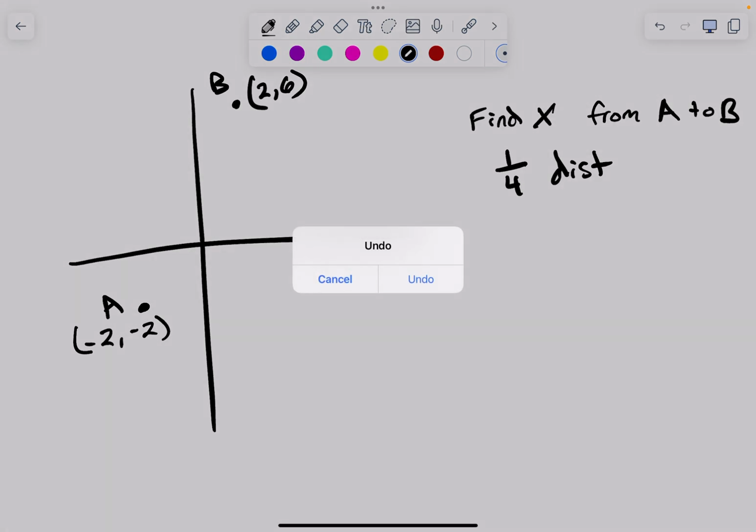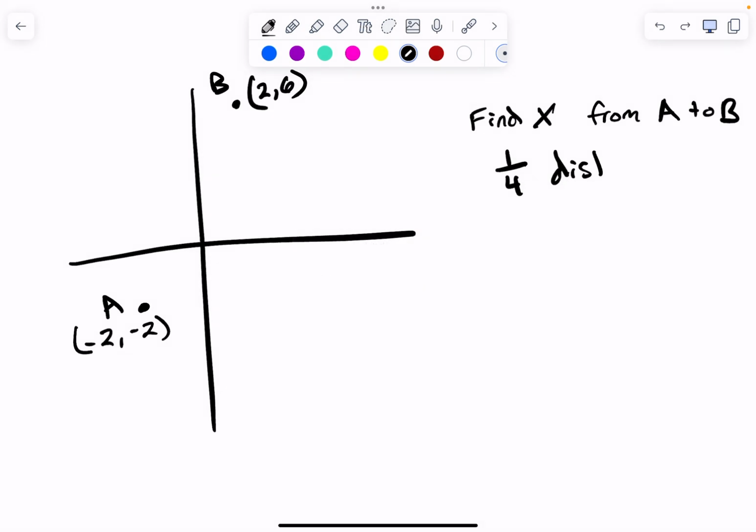Look at the dots. 1 unit from here and 2 units from here. Is it this? -1, 2. Is it that? Look, if here's -2, -2, you move it to the right one.